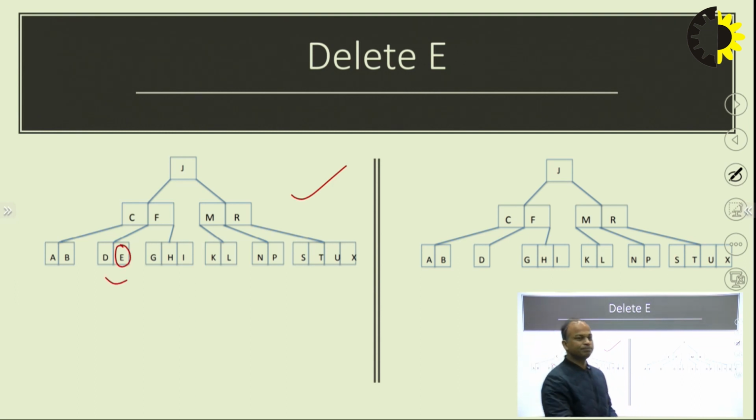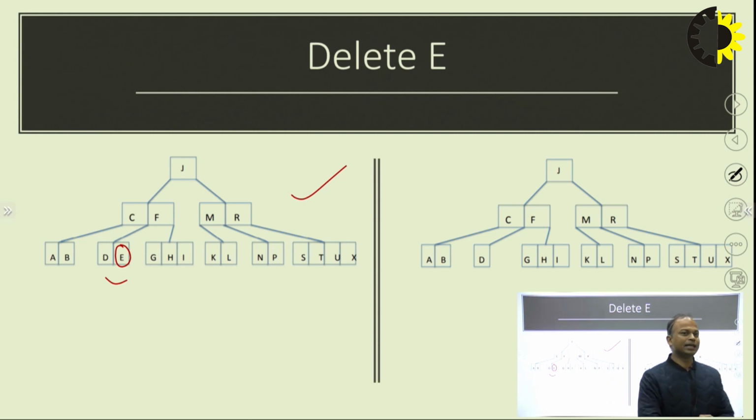If we delete E, after deleting E we have only one key, and the minimum number of keys should be 2 because order of tree is here 5. The minimum number of keys should be 2, and it has only one key now. So we have to borrow the key from its siblings.